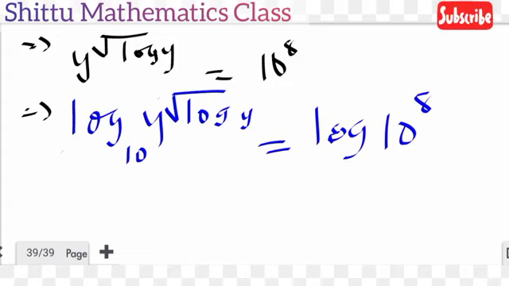Now the power will come down here, and this one also will come down here. Do you understand now? So that's the idea.